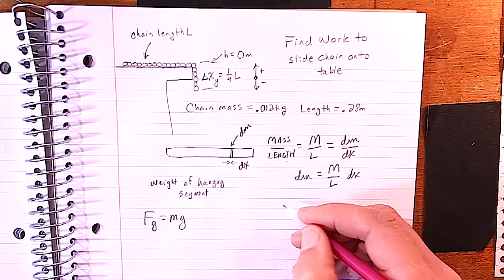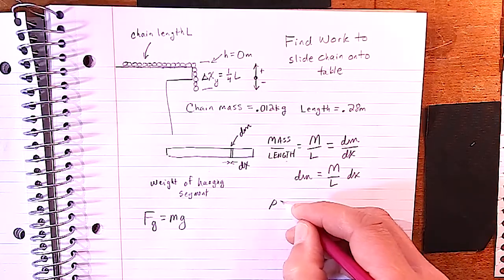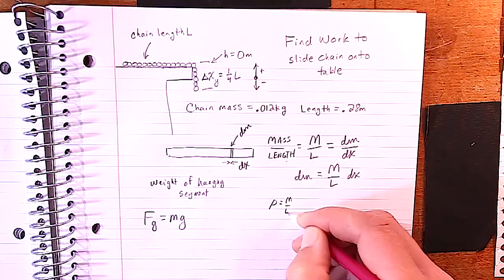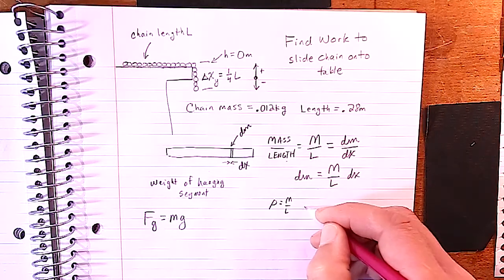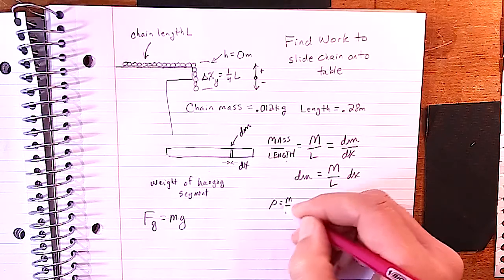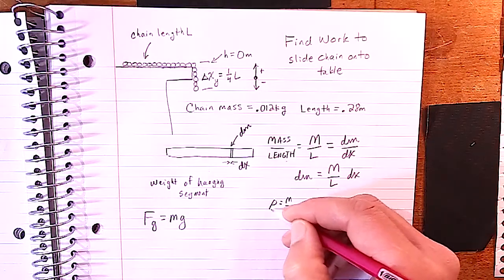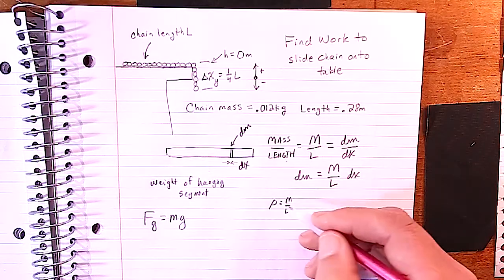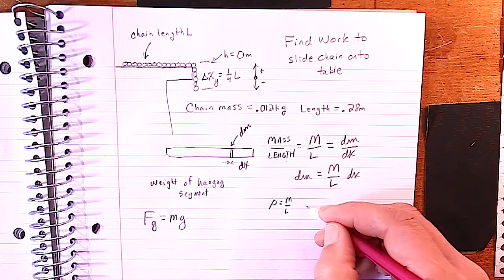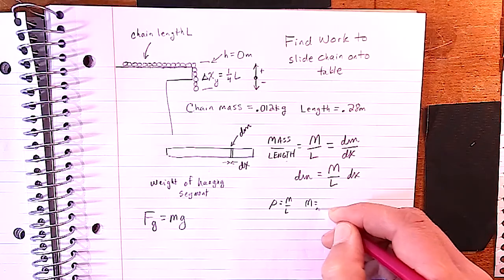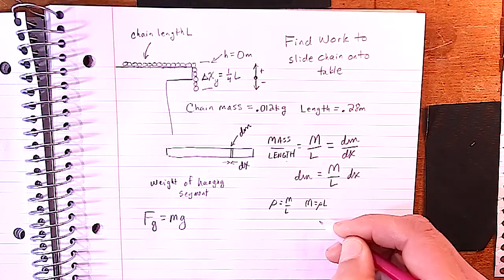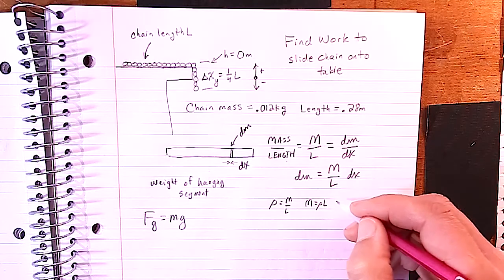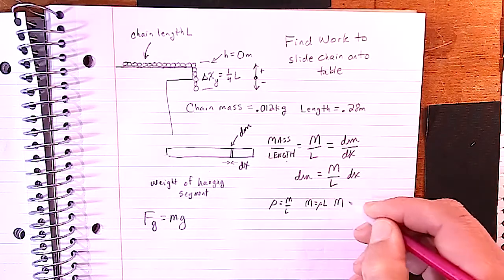So what we can do is say density equals m over L. We can rearrange that, and this concept, again, is the letter rho. It just means the mass per unit length. We can rewrite that as m equals rho L.